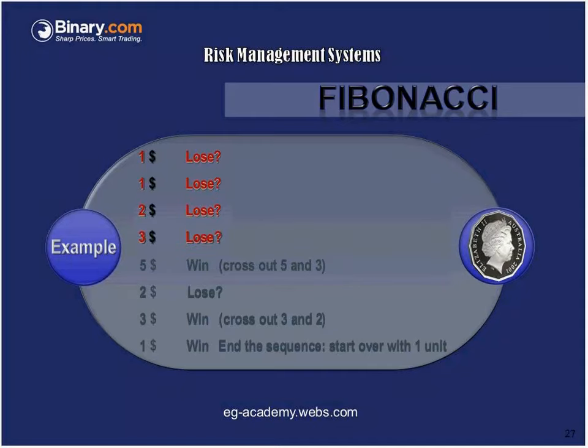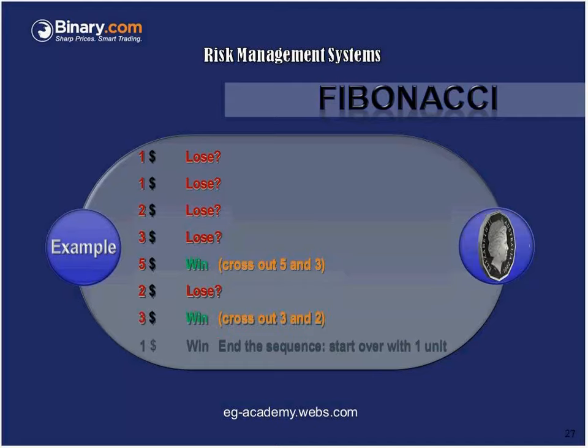And then you trade $2. And if you lose, you trade $3. And if you win, cross out 3 and 2. And then you trade 1, and the sequence starts over with 1 unit again.